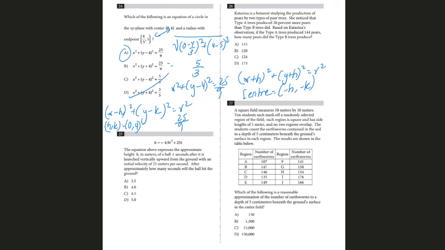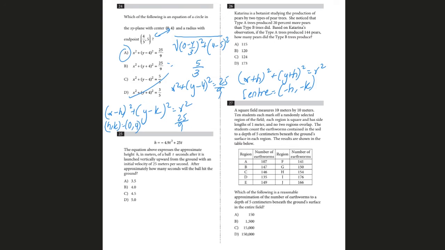The equation above expresses the approximate height h in meters of a ball t seconds after it is launched vertically upwards from the ground with an initial velocity of 25 meters per second. Approximately how many seconds will the ball take to hit the ground?